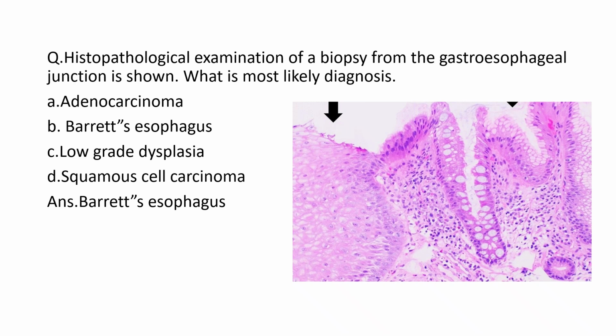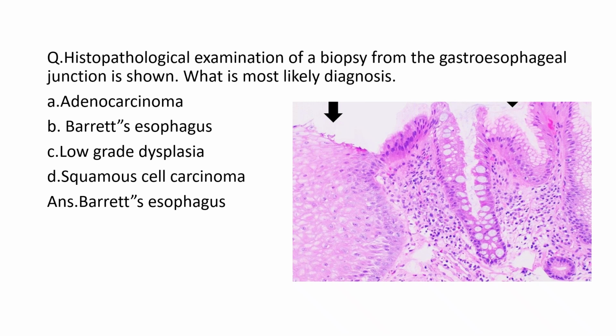We can see the presence of goblet cells here, columnar lining, goblet cells. Goblet cells are usually found in the intestine. We can't see goblet cells in the gastroesophageal junction. So this goblet cell columnar lining is replacing the esophageal stratified squamous epithelial lining. Normally we don't see this lining, so there is metaplasia. So the answer to this question is Barrett esophagus.